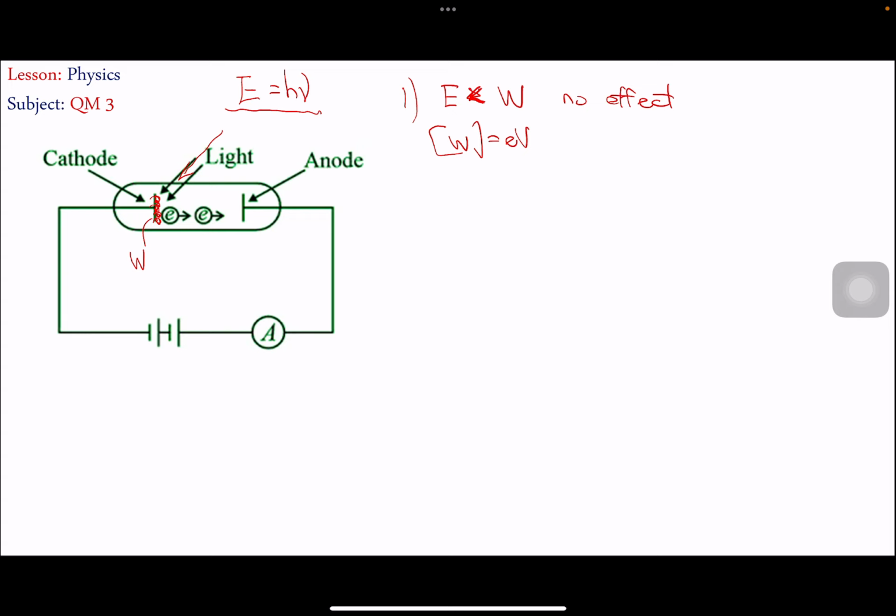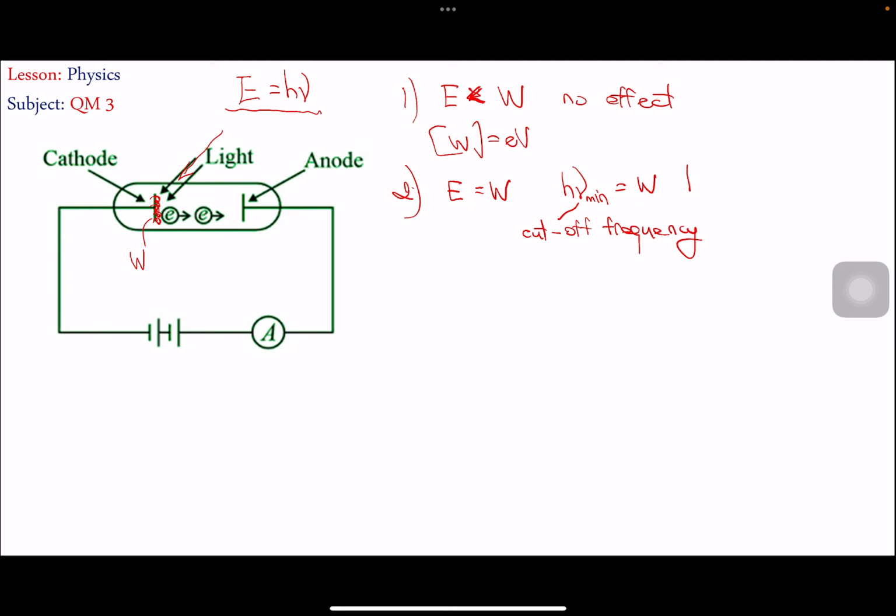In the second case, we talk about the cutoff frequency and cutoff wavelength. And we said that if the energy equals the work function, we can write h nu minimum. So this frequency here is called the cutoff frequency, and it will be equal to the work function.